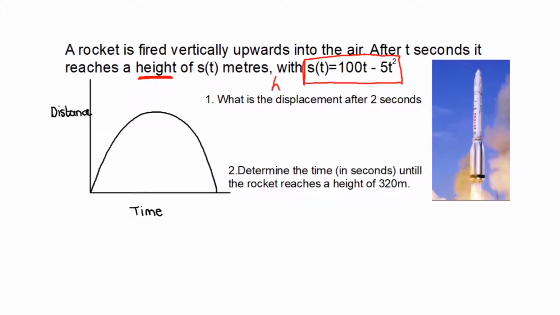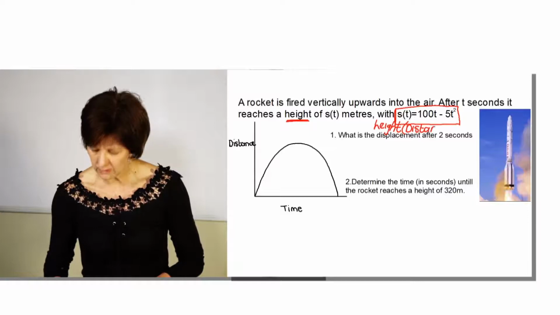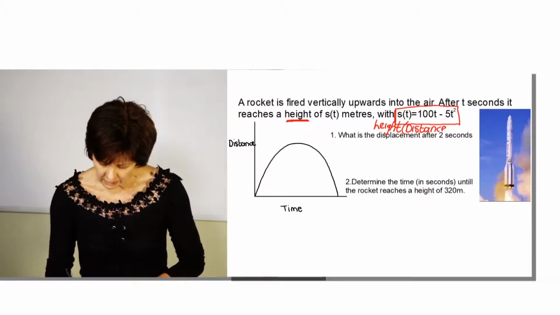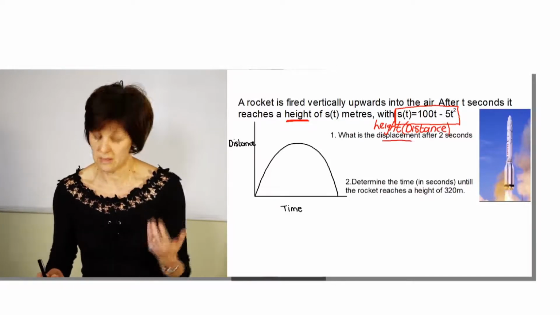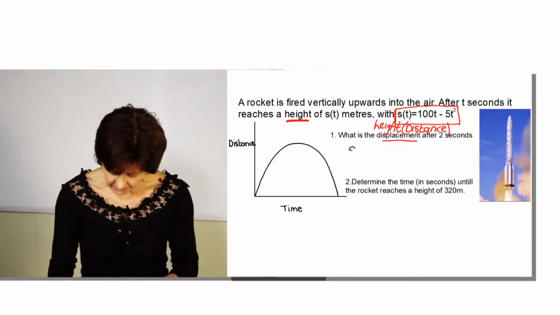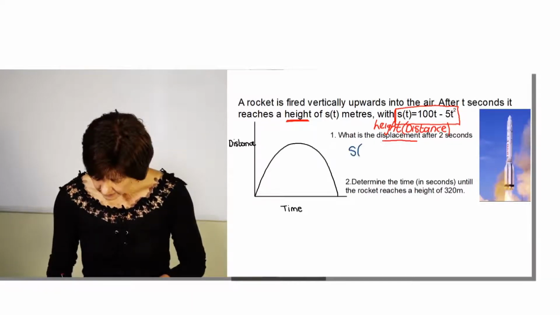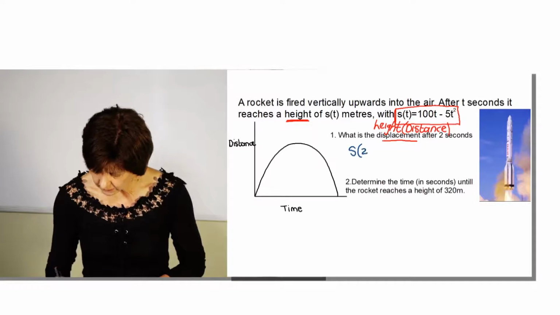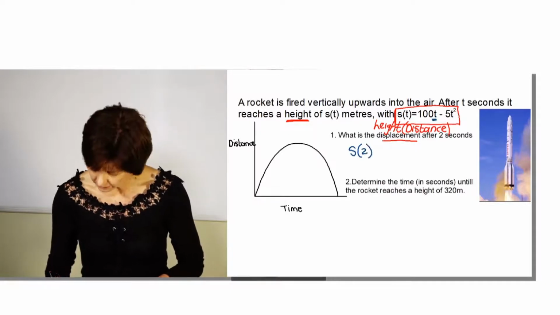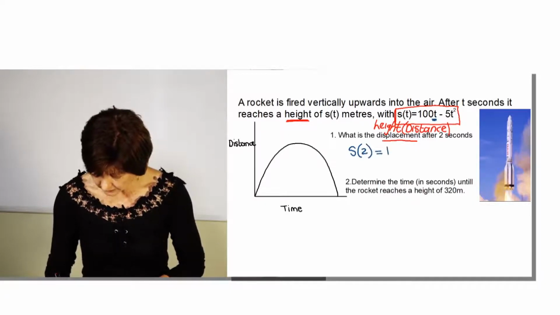The height of this rocket is the distance it's moving upwards. So the first question is, what is the displacement after 2 seconds? Well, the displacement is the distance. In this case, it's the height, it's all the same thing.